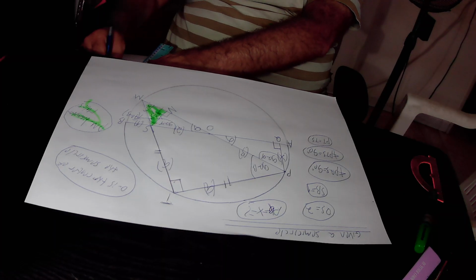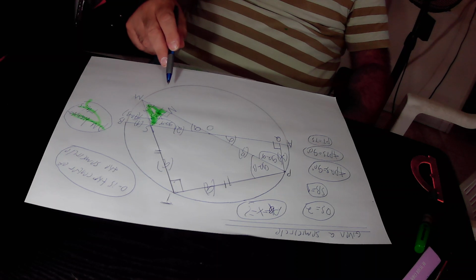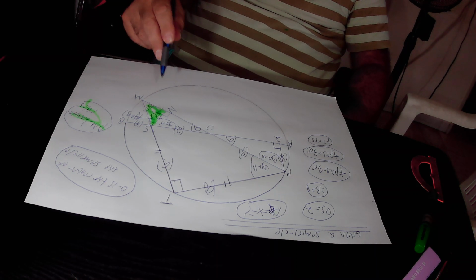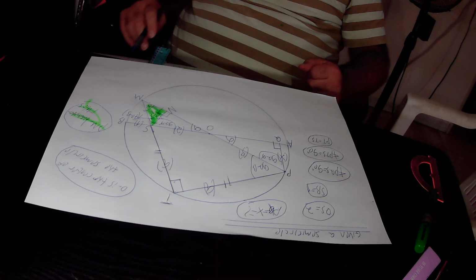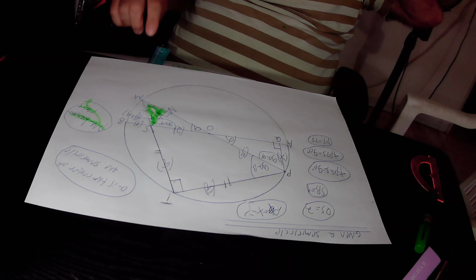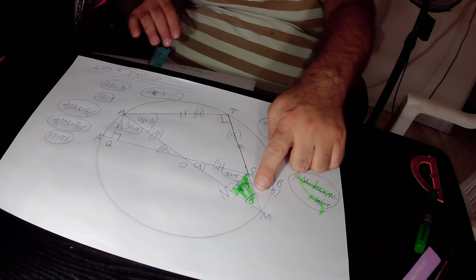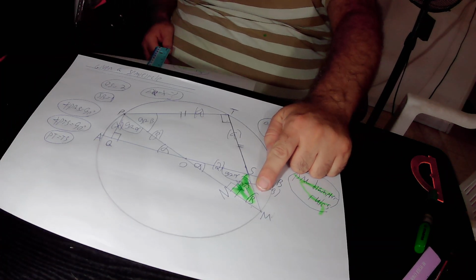It is very easy to see that the big right triangle PTM is similar to this green right triangle NSM. I'll prove anyway why those two right triangles are similar to each other. First of all, this is angle beta, that is a common angle that belongs to both triangles.